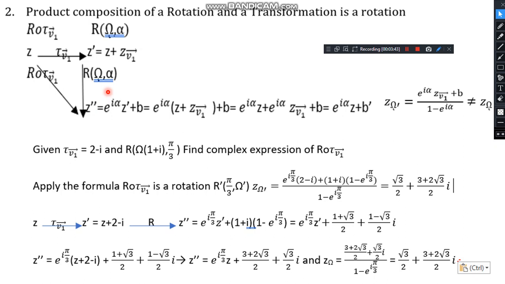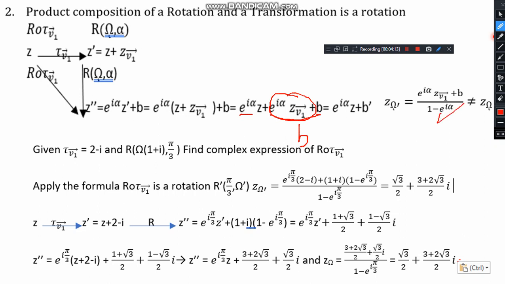So Z double prime will be e to the I alpha Z prime plus B. But Z prime equals Z plus V1, so if you expand, you get e to the I alpha Z plus e to the I alpha V1 plus B. In that case the whole thing is big B. So this is a rotation of angle alpha, but whose center is this expression over 1 minus e to the I alpha.